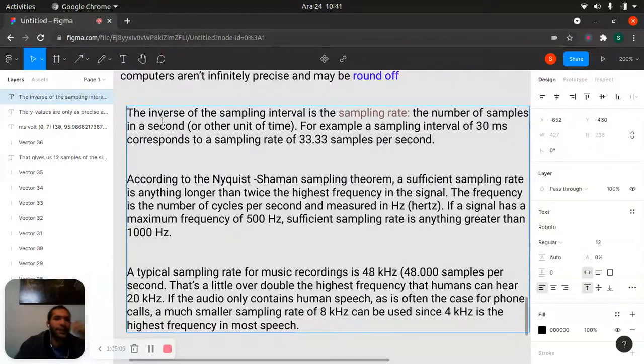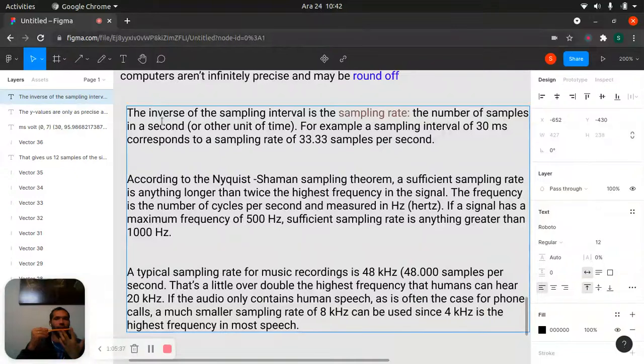Now, the inverse of the sampling interval is the sampling rate, okay, between two places. So in these points, just think we have 30, 60, 90, all the way going like 30, 30, 30 more. This first 30, I mean sampling interval, there is also a sampling rate.